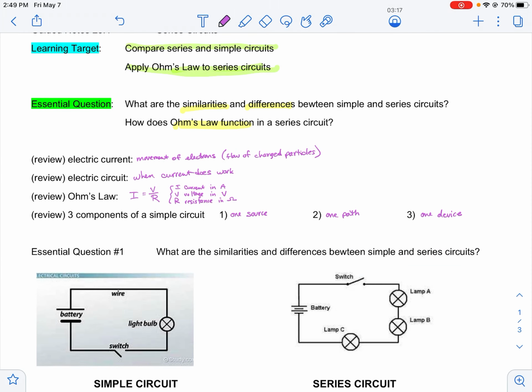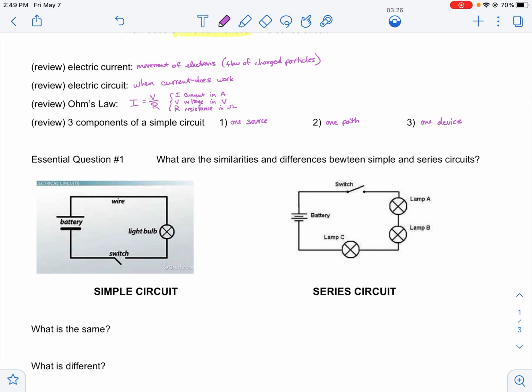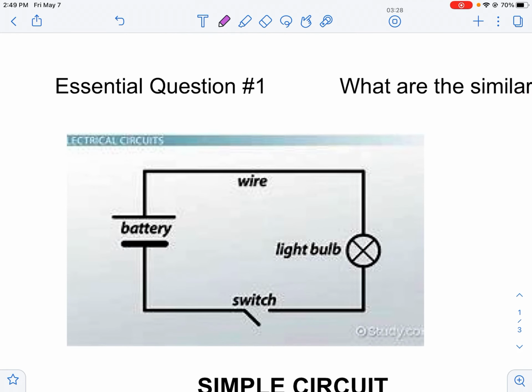So our first essential question, what are the similarities and differences between a simple and a series circuit? So on the left, there's a diagram of a simple circuit, and we can see there is one battery, one device. Here's my one path.